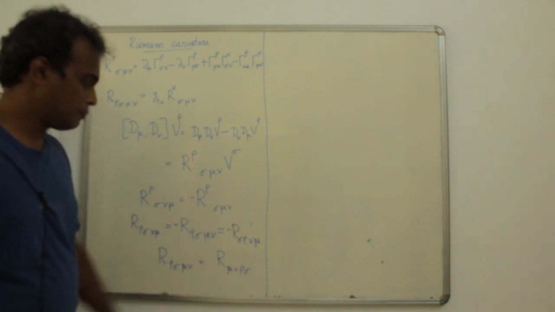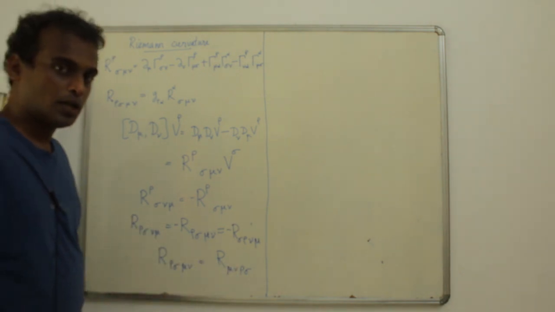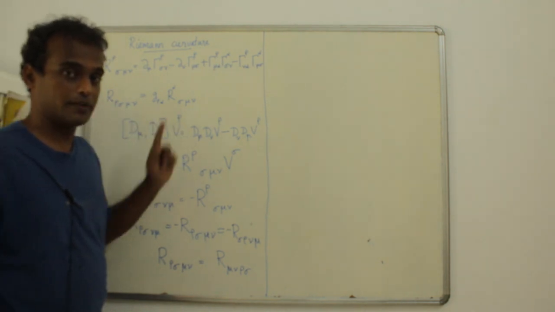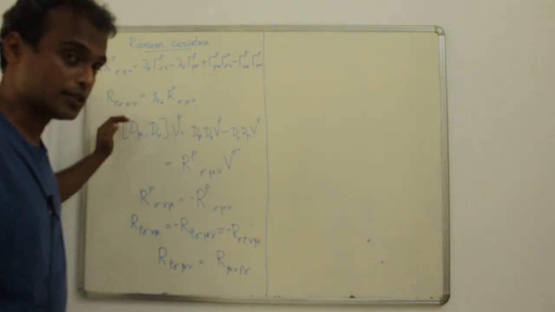So this is the second property, which is also manifest when you consider the completely covariant form of the Riemann tensor.